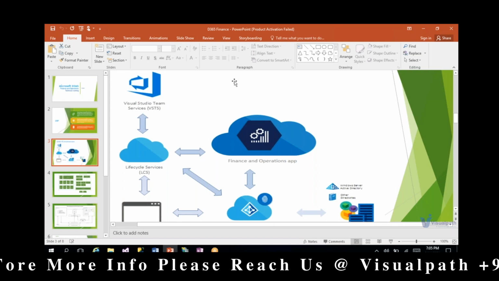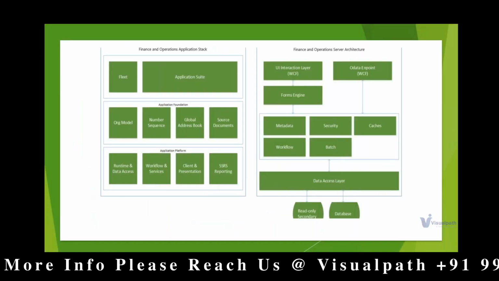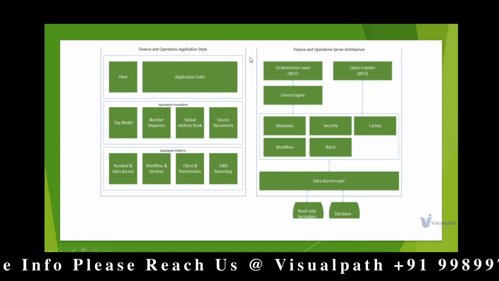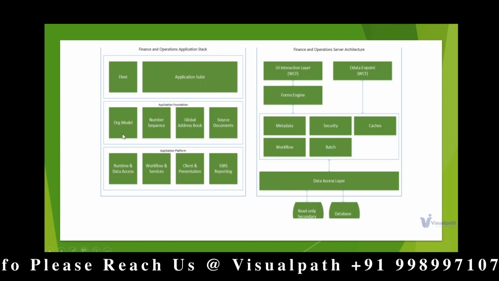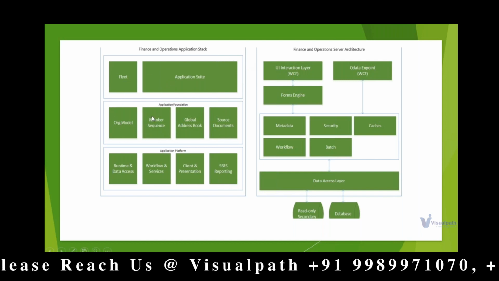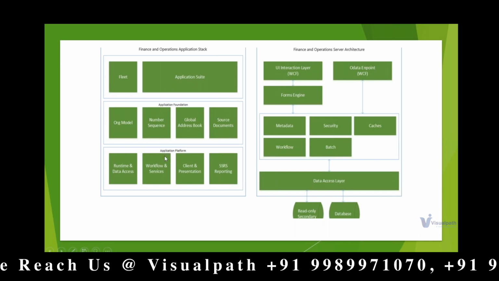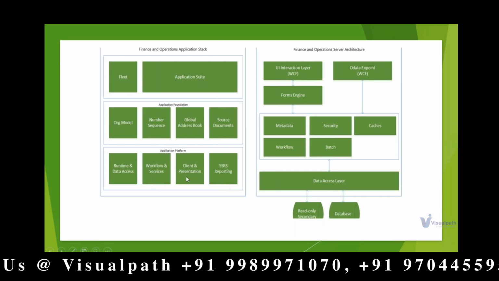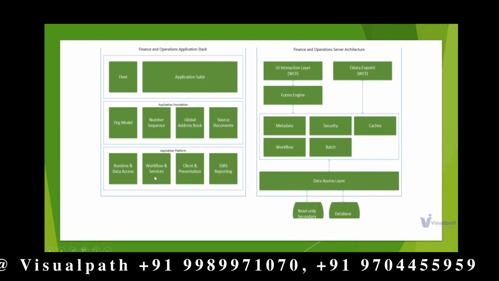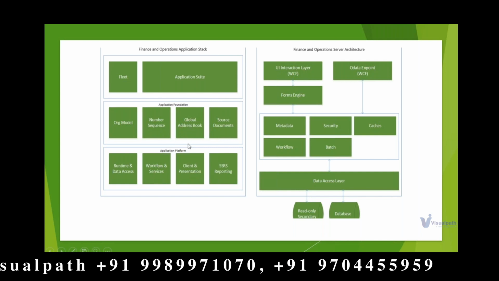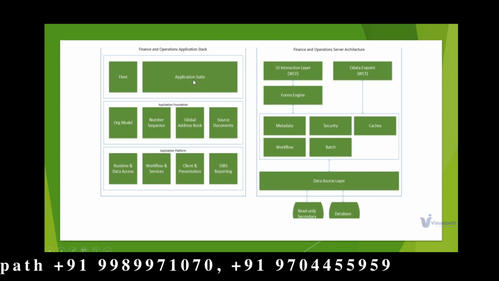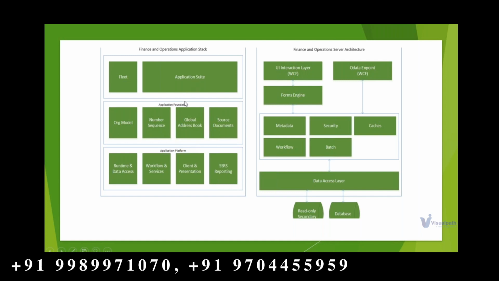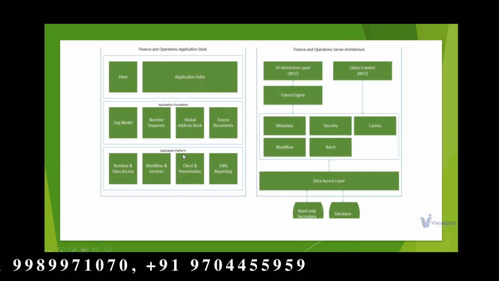Almost done. Okay, this is the cloud architecture, and if you come to the actual finance and operations application, you will have the application stack like application suite, application foundation, and application platform. We call them models. Under these models, the respective objects will be available. We can create our own custom models by referring to these existing models like application suite, foundation, and platform.